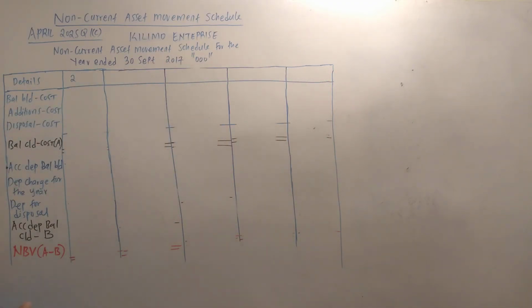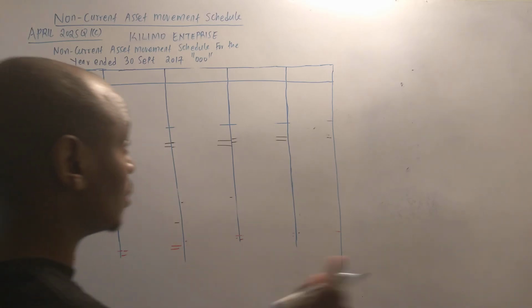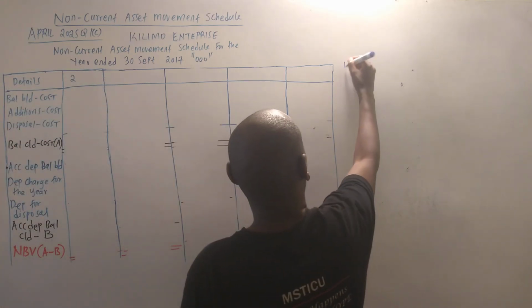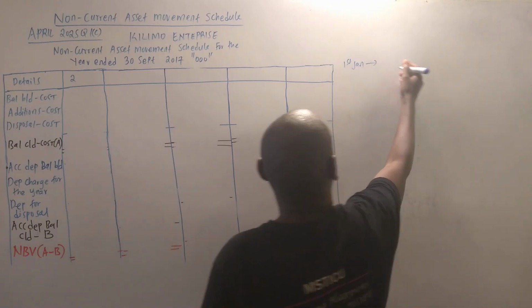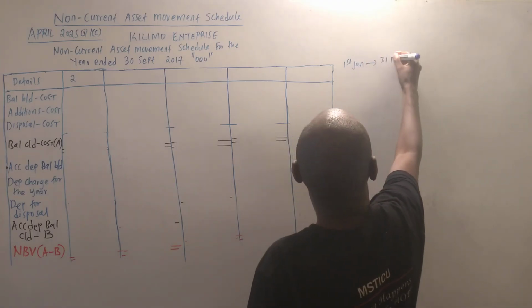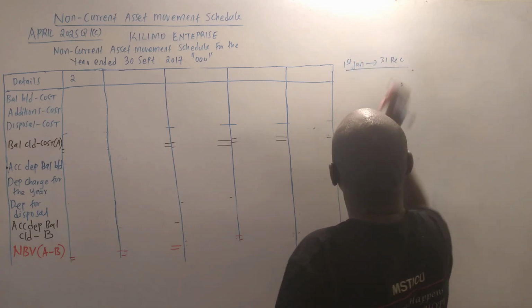According to the question, Kilimo Enterprise commences its operation on 1st January. So they started their business on 1st January, meaning the business was not there in 2020. So it will end on 1st December.